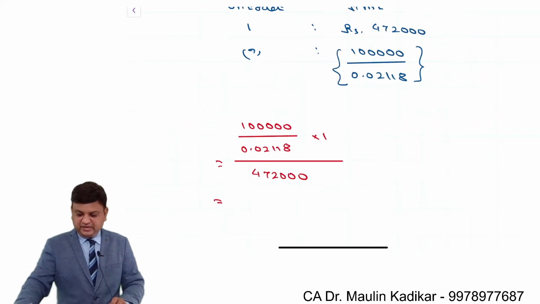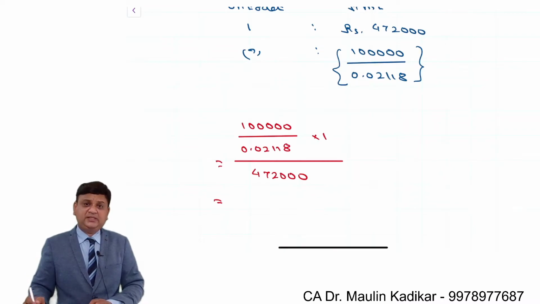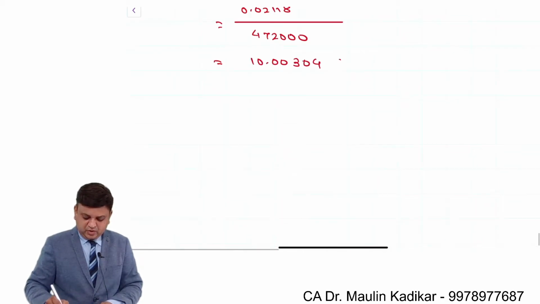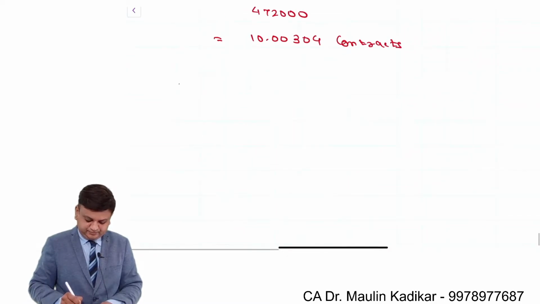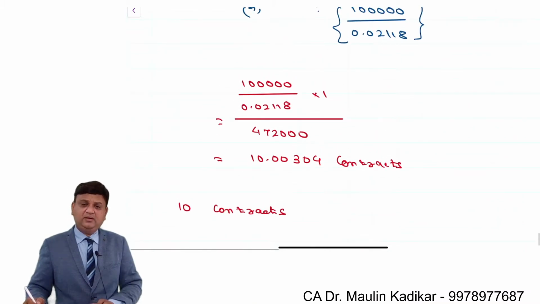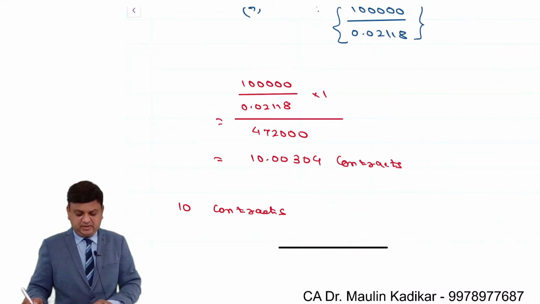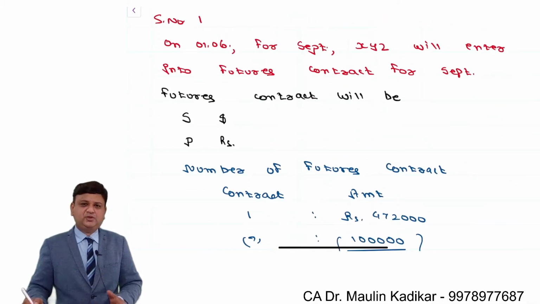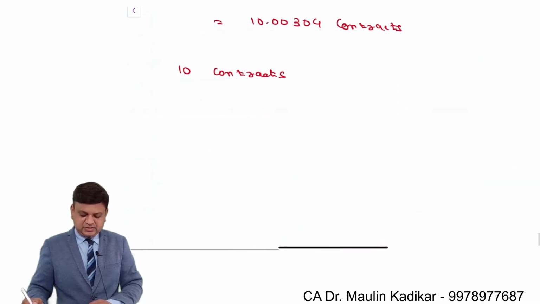So that answer divided by 4,72,000, and I'm getting the same answer, absolutely no change. So 10.00304 contracts. So of course we enter into 10 contracts. If at all somebody is doing answer with 11 contracts is acceptable, it is not like that it is not acceptable. However, I do not suggest that say to take 11 in this kind of situation. So this is the step number 1.